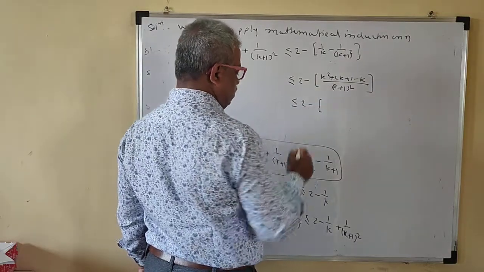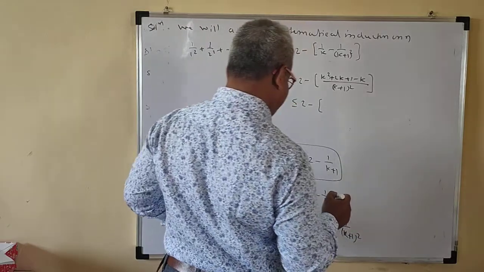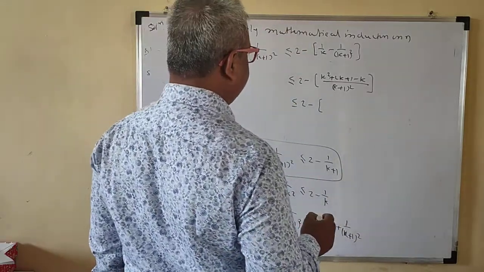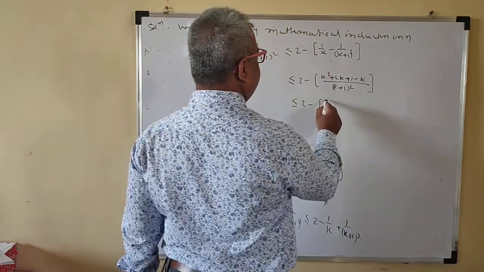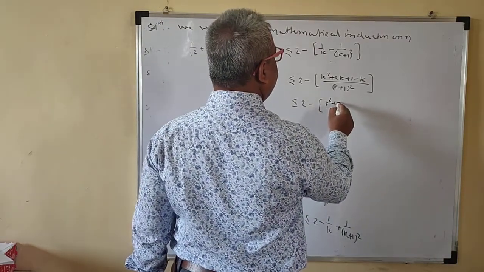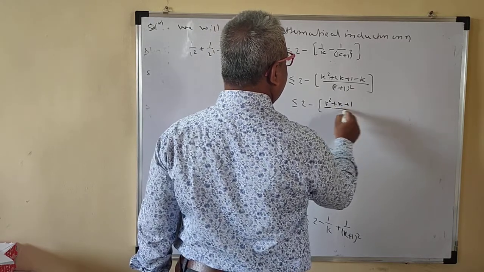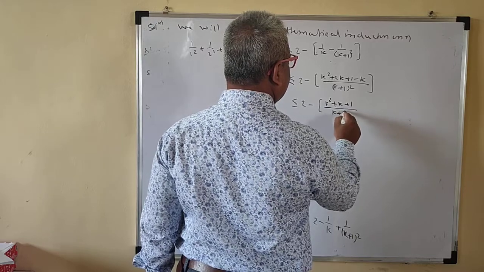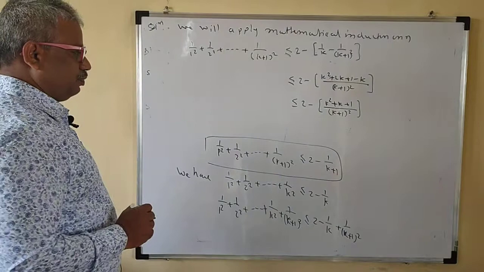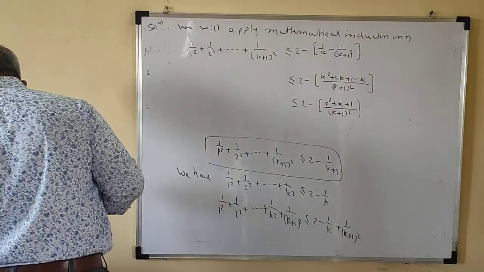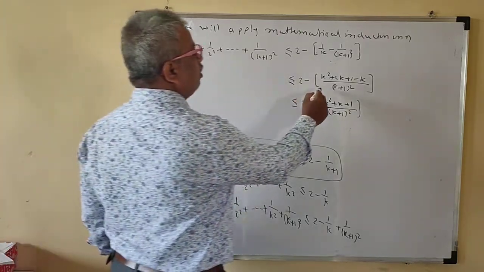So this is 2 minus (k² + k + 1) over k(k+1)². Again k is here.